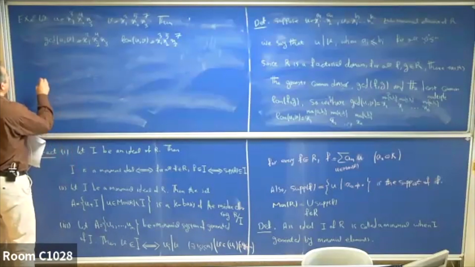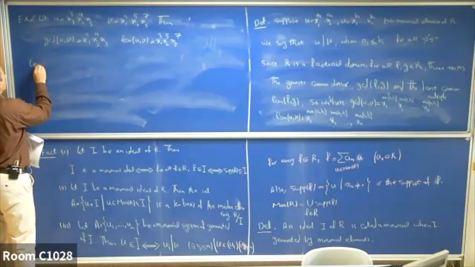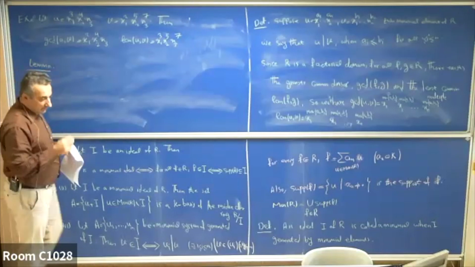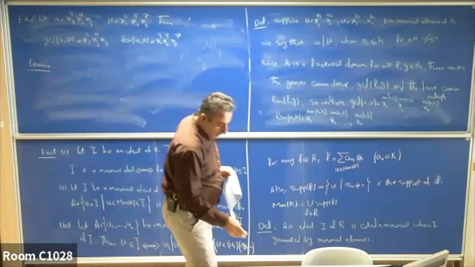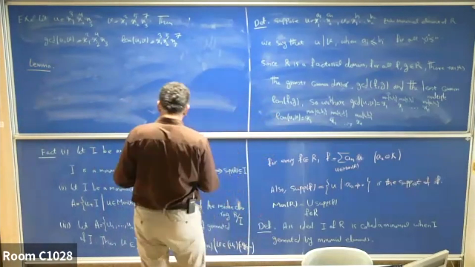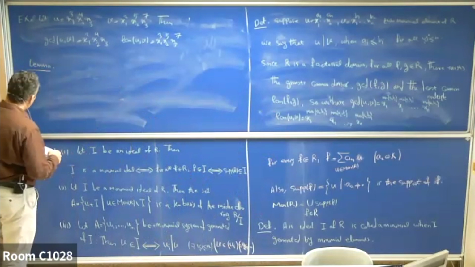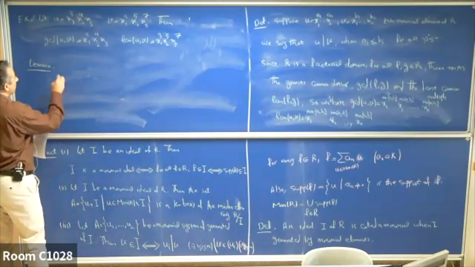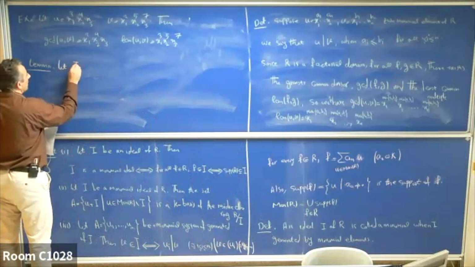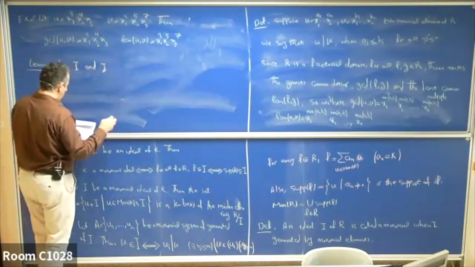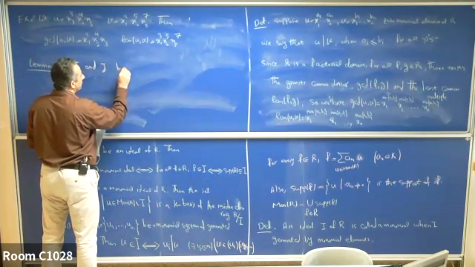So we have the following lemma. If you have any questions, we could ask the questions. Let I and J be monomial ideals.